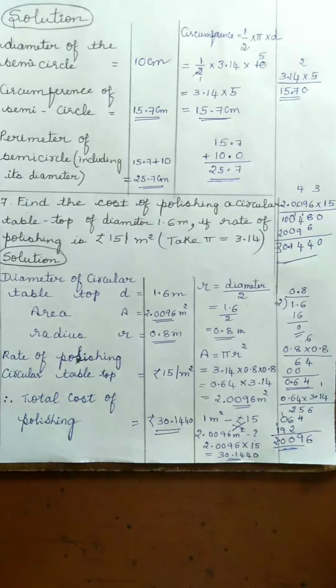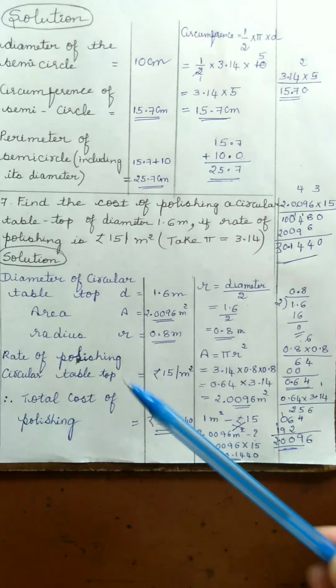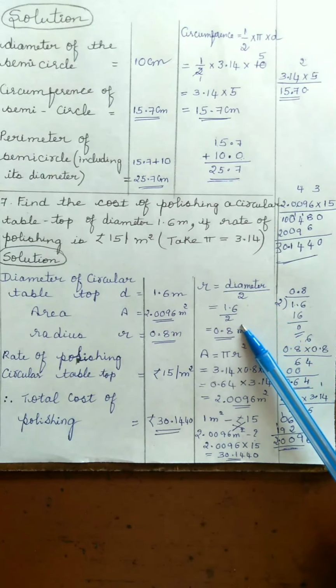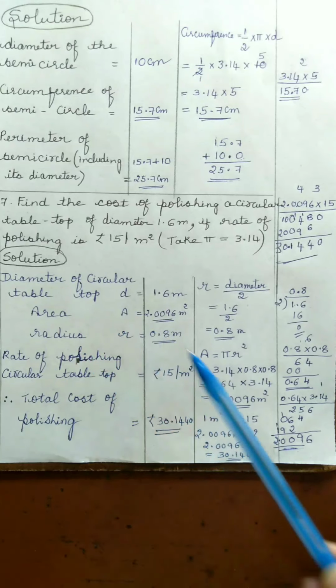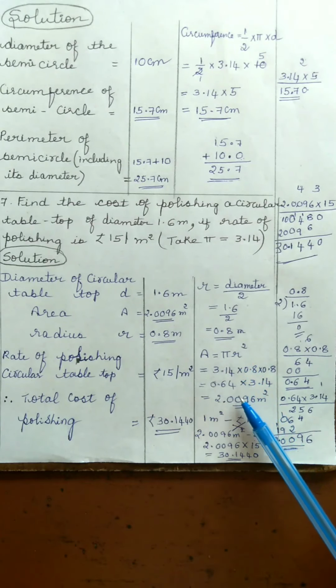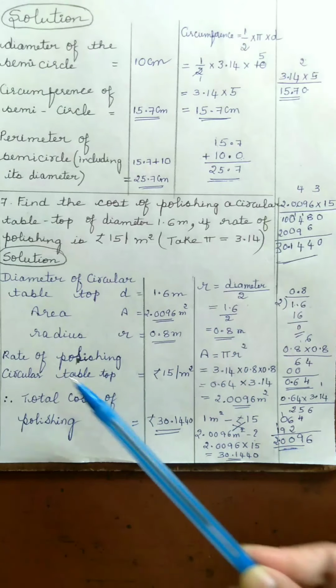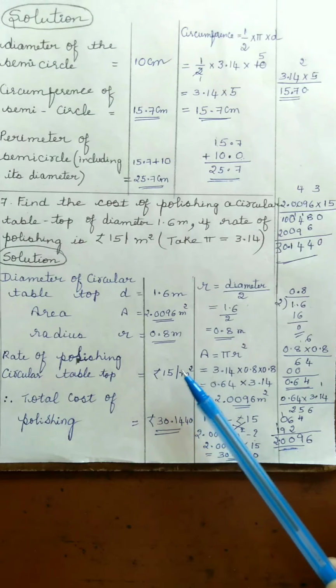So children, in this problem, the diameter was given. Then we found the radius value, that is radius is equal to diameter by 2, and we got the answer 0.8 meter. After that, we found the area using the formula pi r square. After that, we got 2.0096 meter square. The rate of polishing a circular tabletop was given as rupees 15 per meter square.